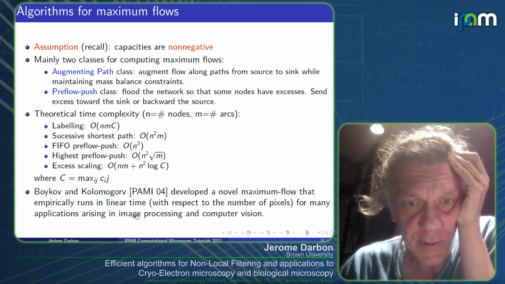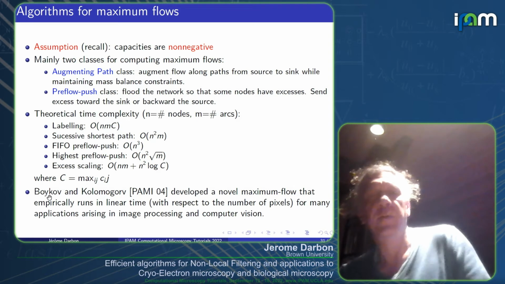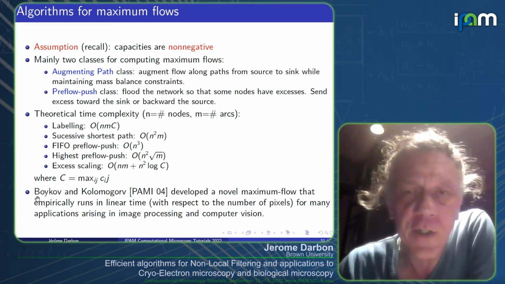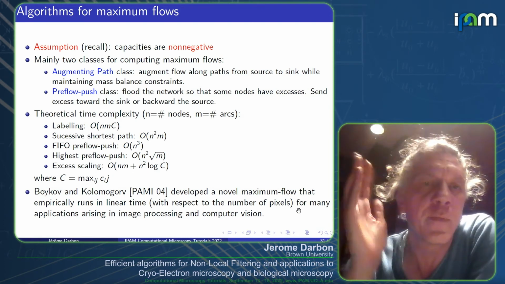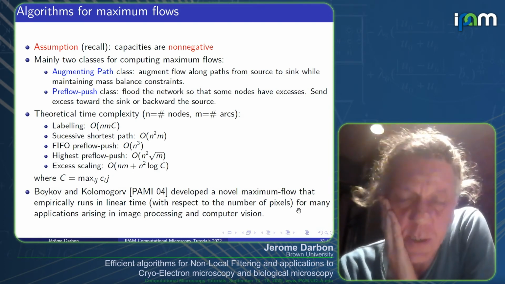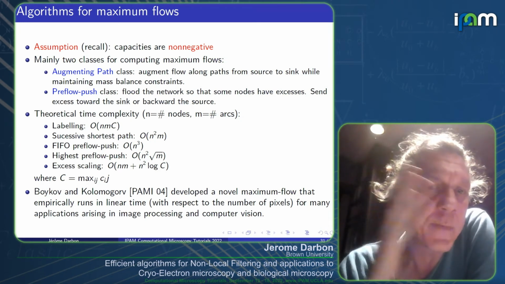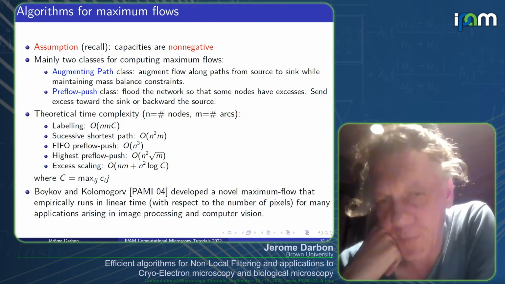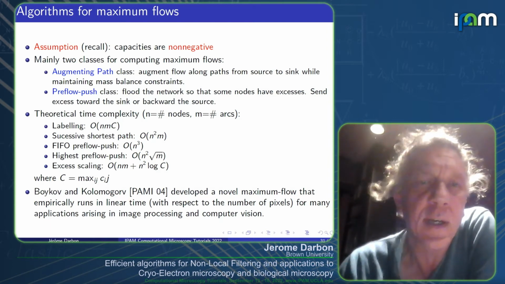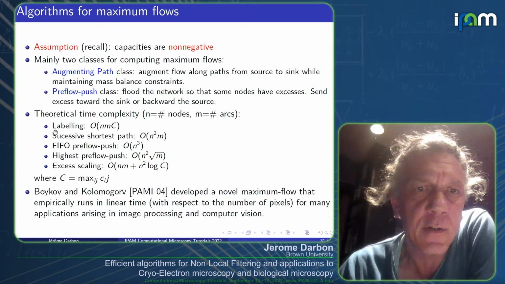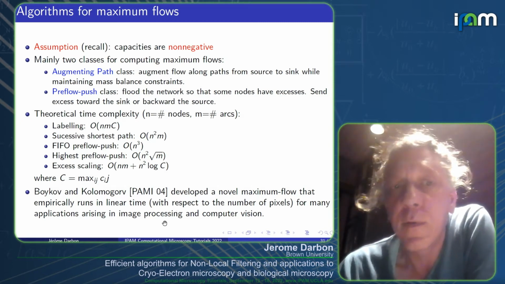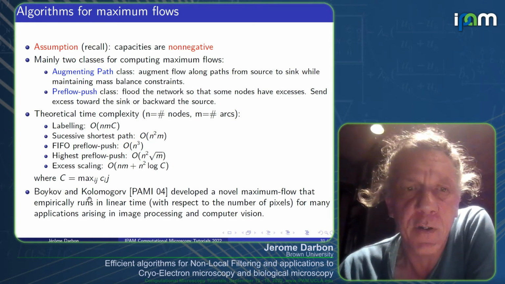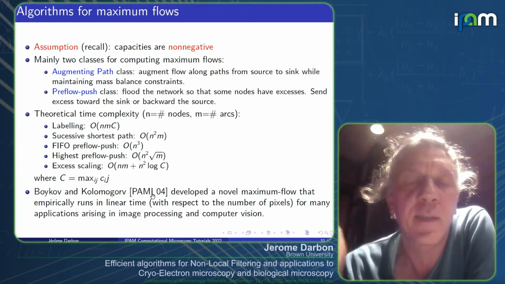And I'd like to mention that for image processing, Boykov and Kolmogorov in 2004 developed a very efficient maximum flow algorithm for computing cuts in graphs that arise from image processing and computer vision. In practice, the time complexity is linear. It's much better than the theoretical complexities of others. The worst case for the Boykov and Kolmogorov algorithm is exponential.